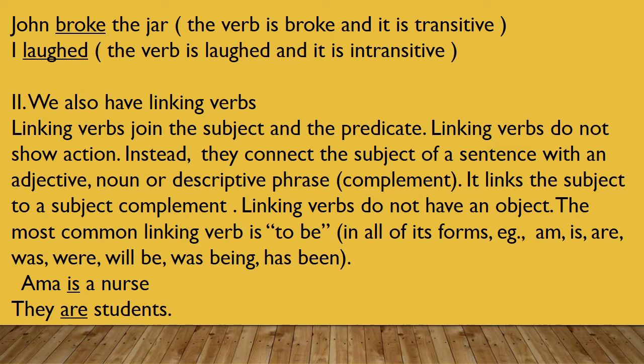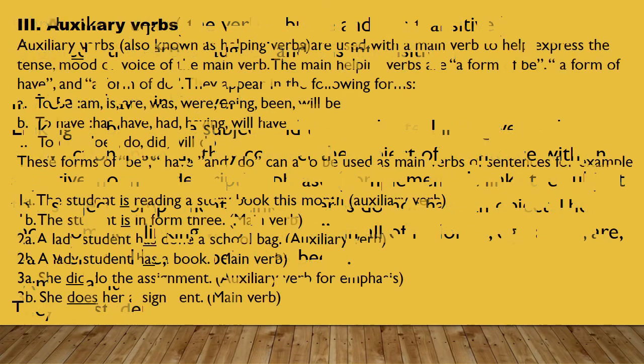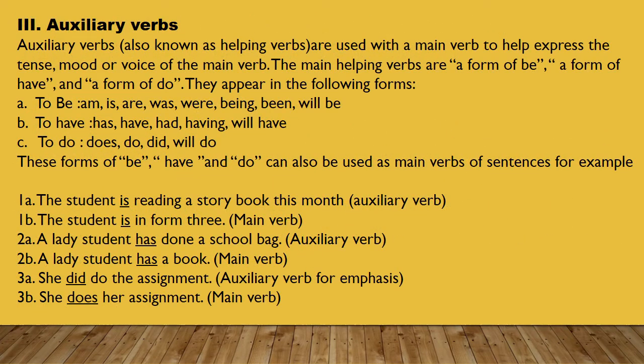The are is linking the they and the students. There are students. Now, let's move on to the third type of verb. We have the auxiliary verb as the third type of verb.